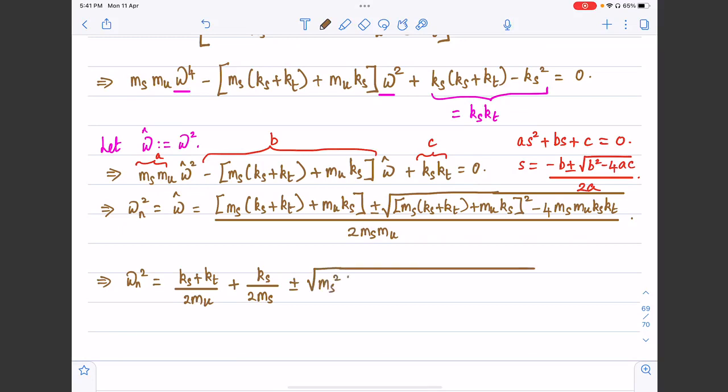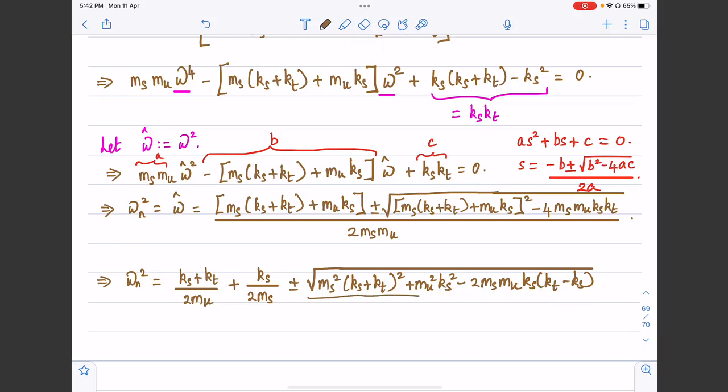So let me write it down. Ms square times (Ks plus Kt) the whole square, plus mu square Ks square, minus 2 ms mu Ks (Kt minus Ks). Yeah, please bear with me. It's a rather long expression, but we will see some interesting physical insight from it shortly.